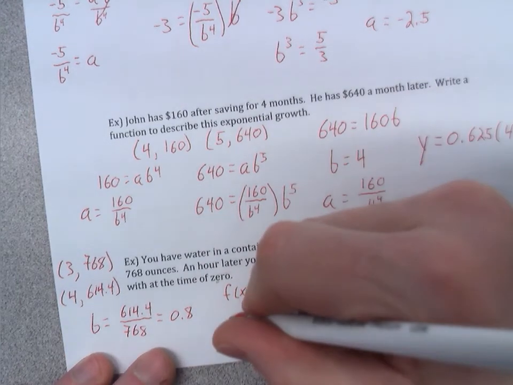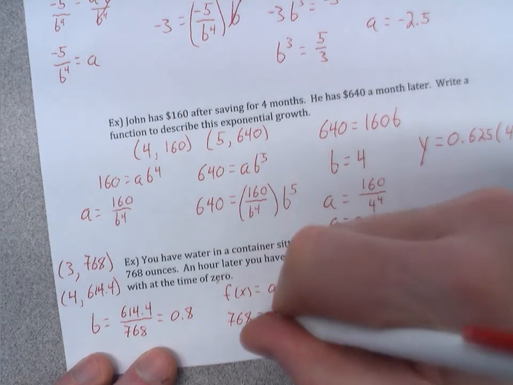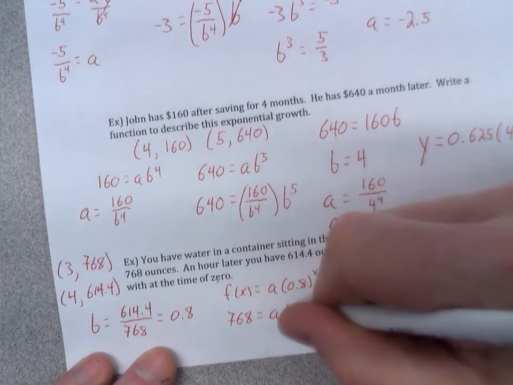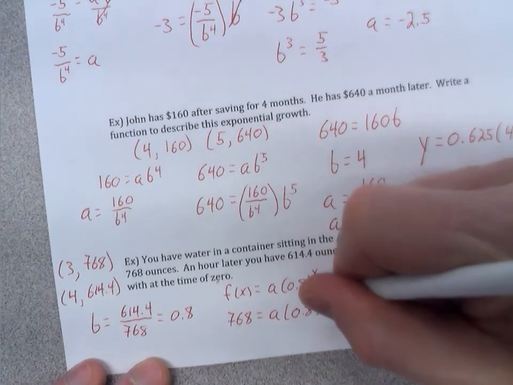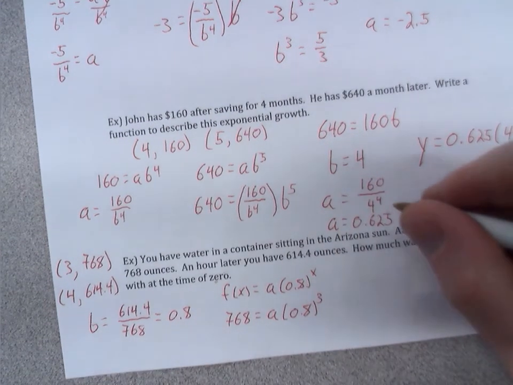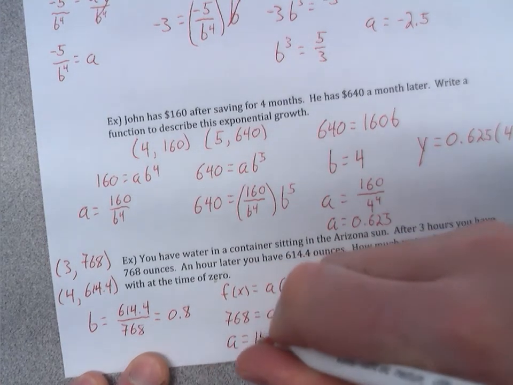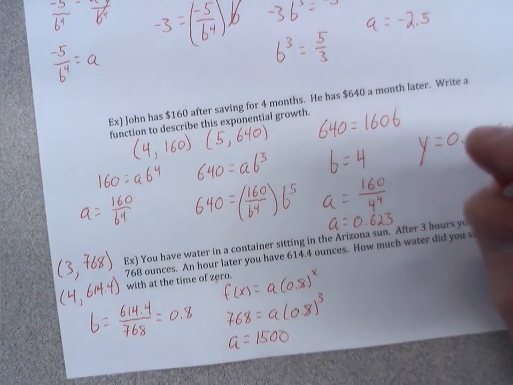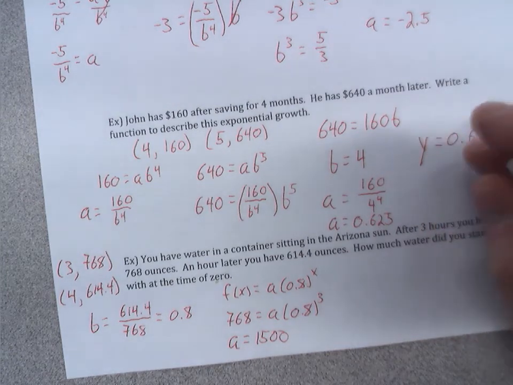I'll put 768 in there, equal to A times 0.8 to, well, when it was 768, it was 3, so it's to the third power. You can solve there. A is going to equal 1,500. So that is my original amount.